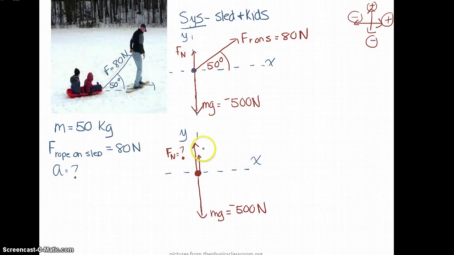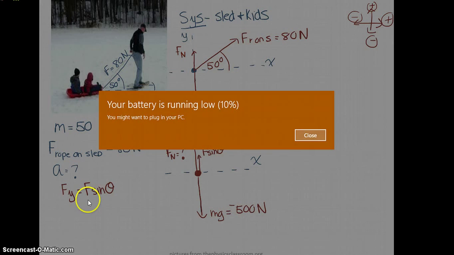And I know that I would be able to find that because this is going to be F times sine of theta. So this is going to be easily found if I do the y component equals F times the sine of the angle between the vector I'm trying to resolve and the x-axis.